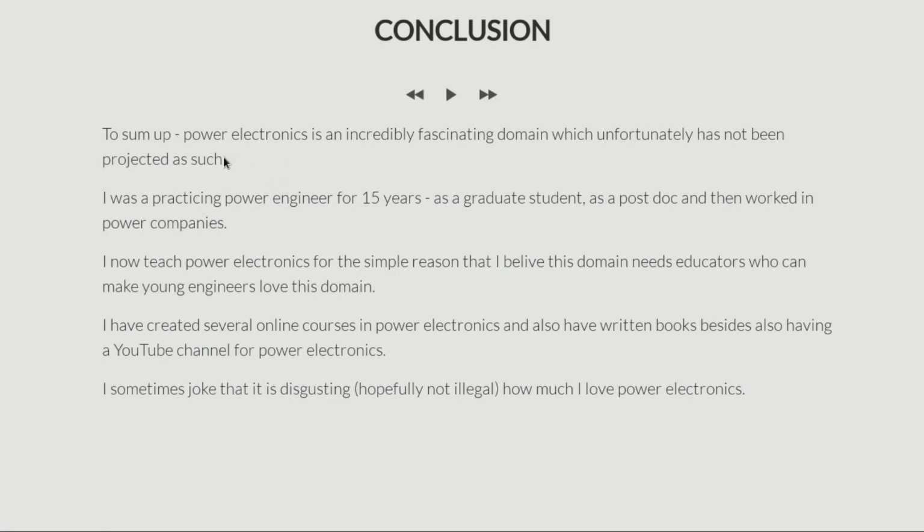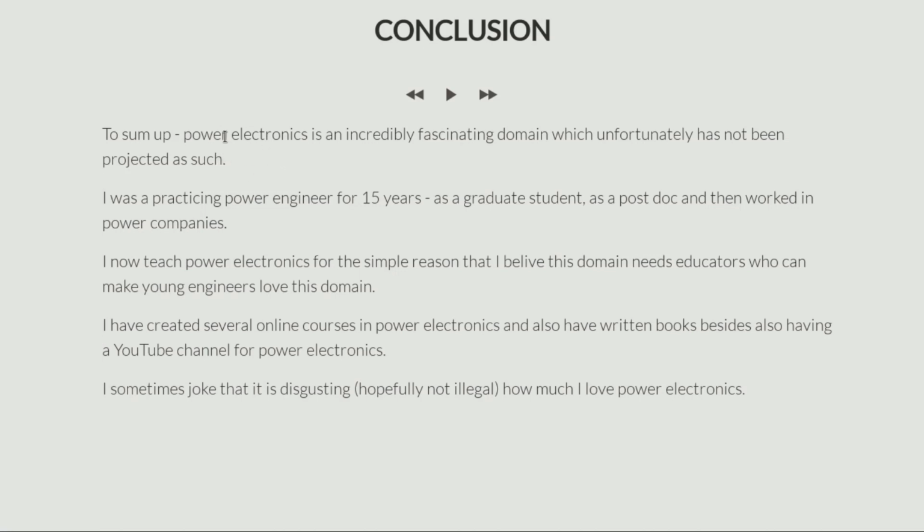So to sum up, all I wanted to say is that power electronics is an extremely fascinating domain which, very sadly and unfortunately, has not been projected in such a manner.